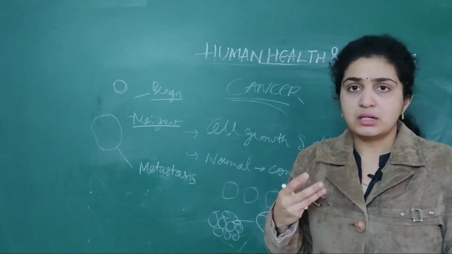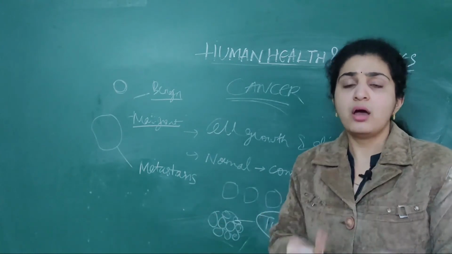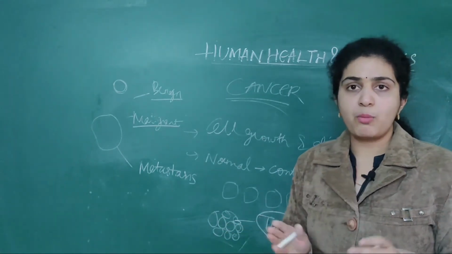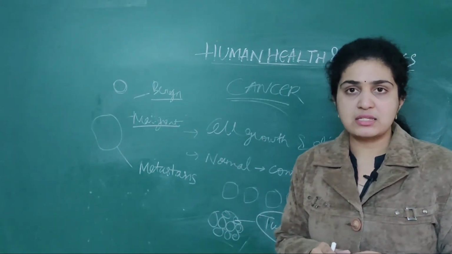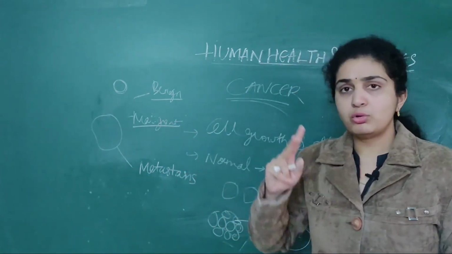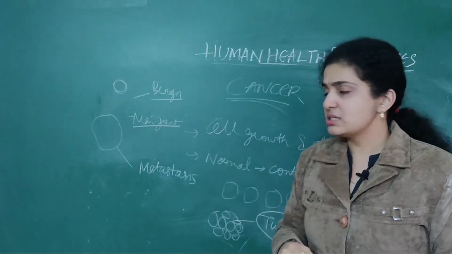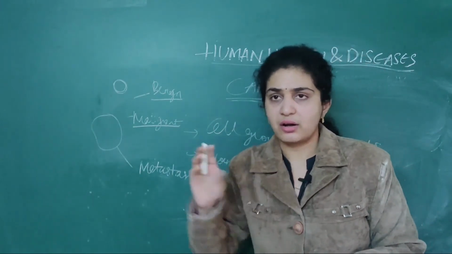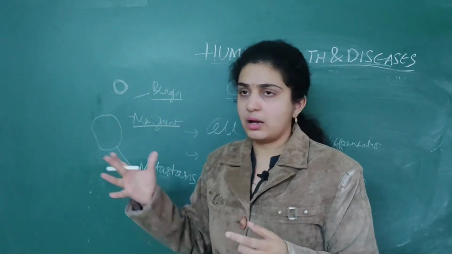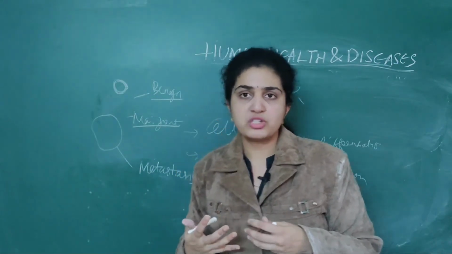But when you are attacked with cancer by some physical, chemical or biological agents, the infected cells lose the property of contact inhibition, come close to each other and form a tumor. They form two types of tumors, benign and malignant. Benign tumors are very small in size, restricted to that place, and will not spread. They are not so much harmful.